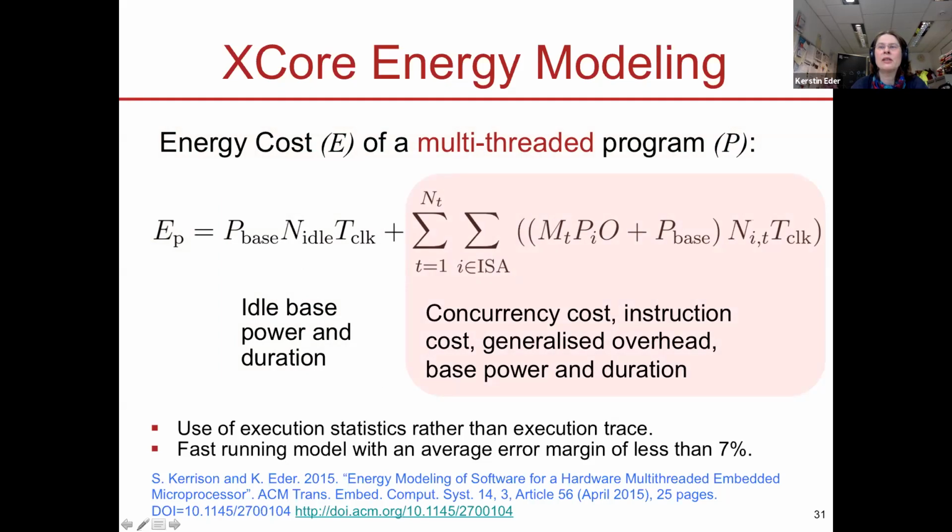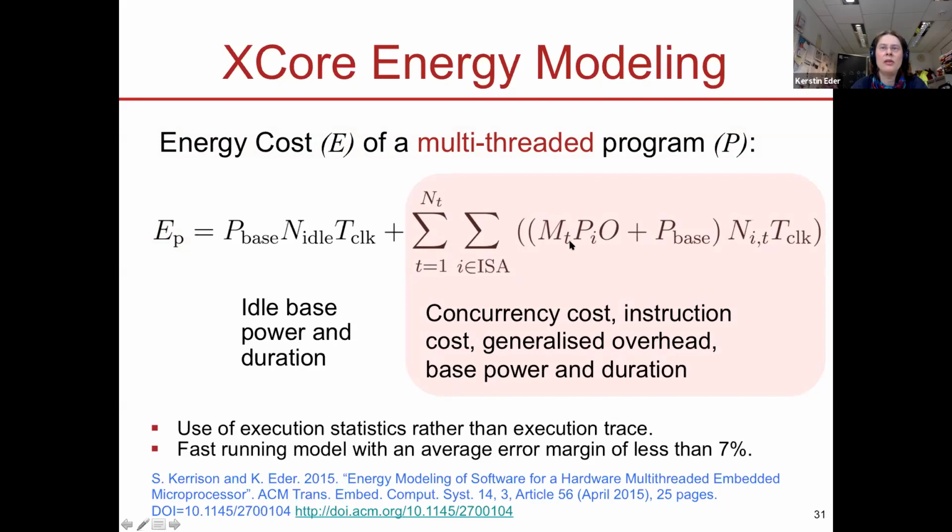During the execution, we have to consider the number of concurrent threads and the cost of execution at that level of concurrency. So if we have T threads in our program, then we want to account for the thread level.